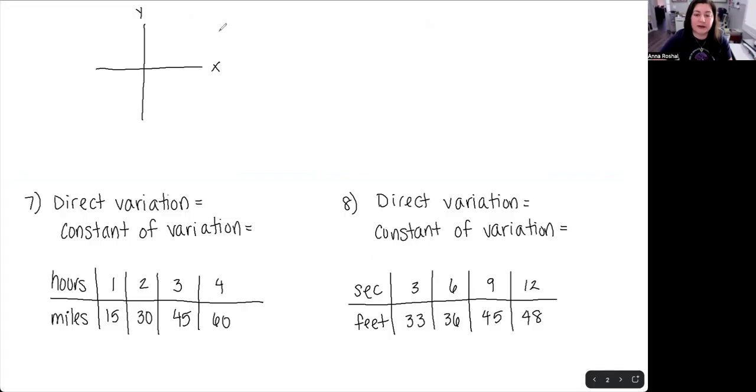A direct variation will always have a line that cuts across through the origin. An indirect variation will always have a line that does not cut through. For example, these two lines might be parallel, but only this line has a direct variation.